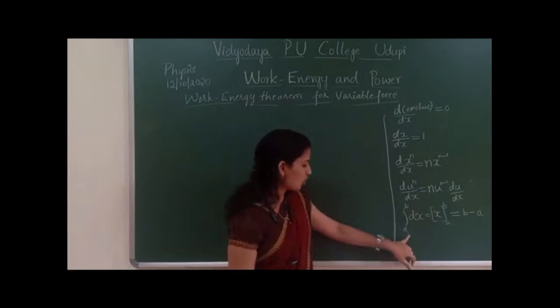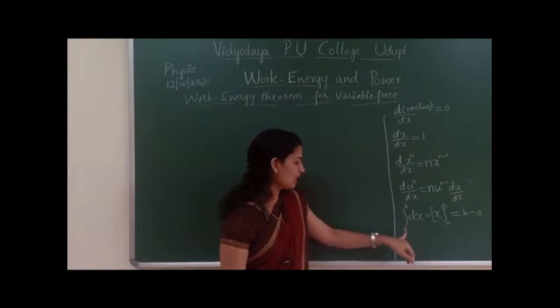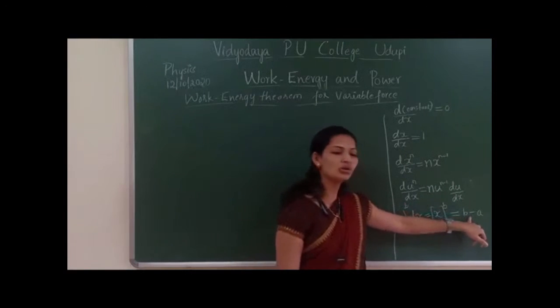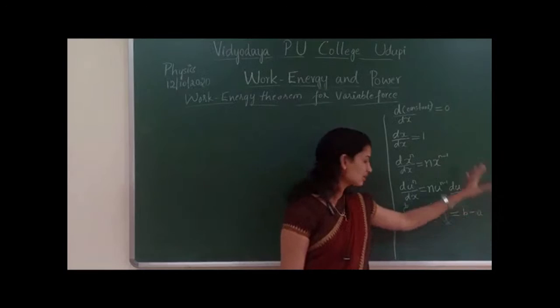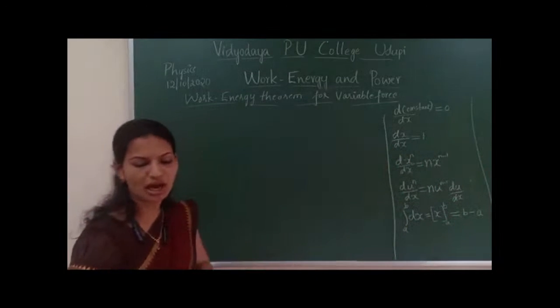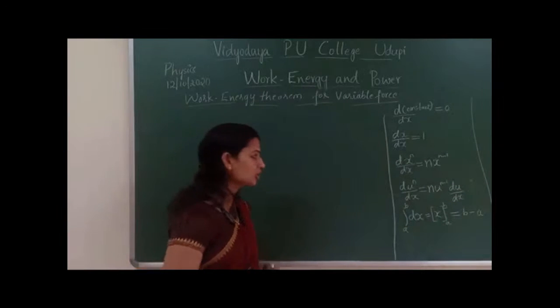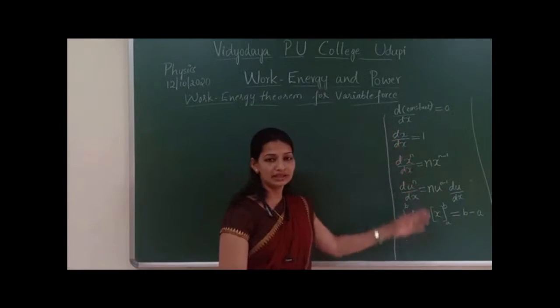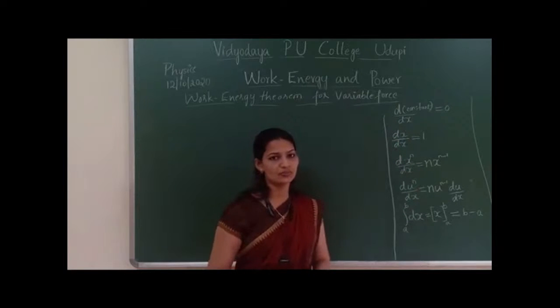Yes, the integration of dx between the limits a to b is equal to b minus a. These are some basic formulas of integration and differentiation. Later you are going to study this in detail in your mathematics classes.